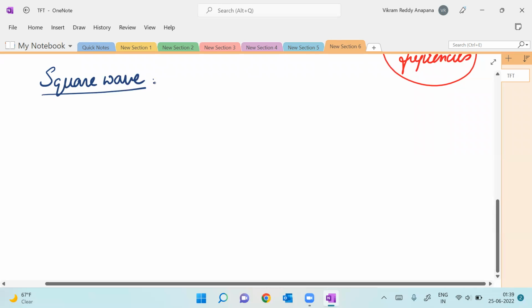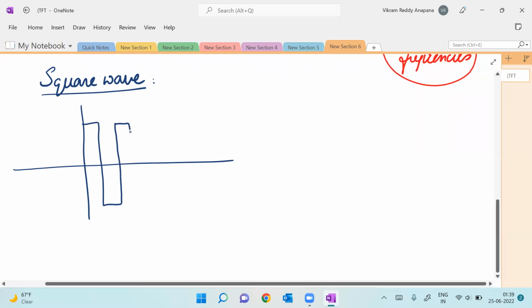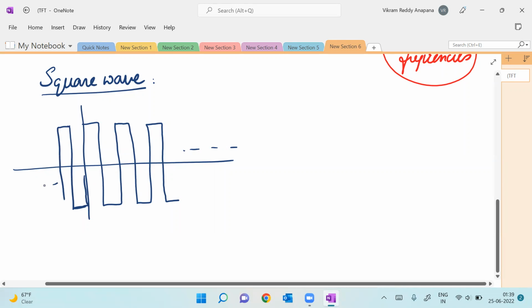Say I have a square wave, something like this, and of course also towards the negative side, from negative infinity to positive infinity, you have a square wave.